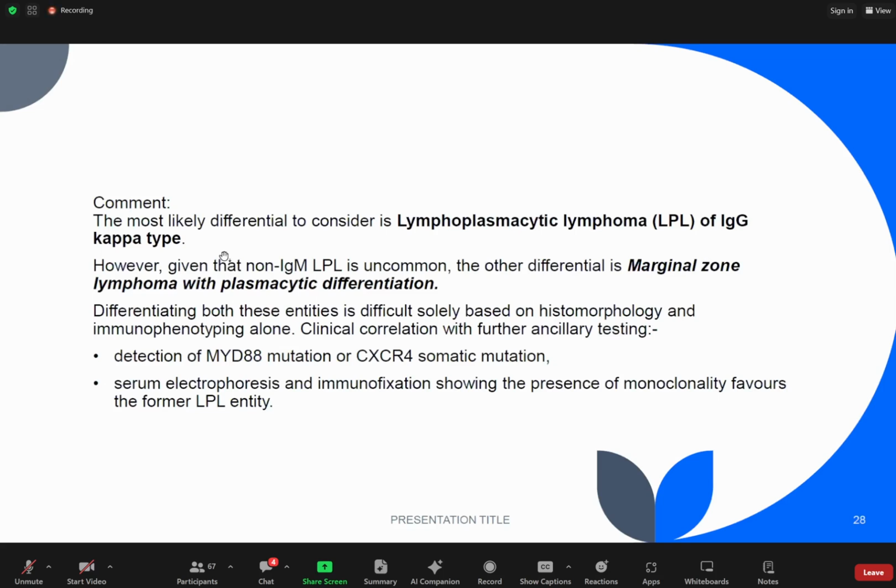But given that non-IgM LPLs are uncommon, another differential will be marginal zone lymphoma with plasmacytic differentiation. Because it's difficult to differentiate both solely based on histomorphology and immunophenotype, we suggest, if the patient is financially able, to send for MYD88 or CXCR4 mutation.